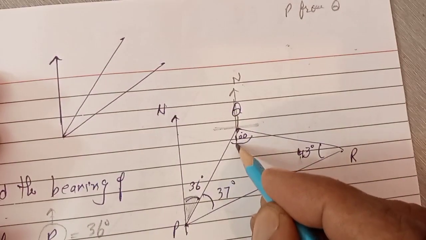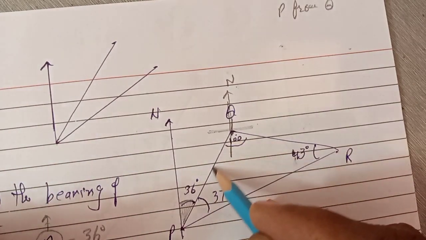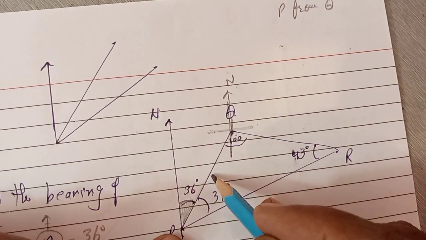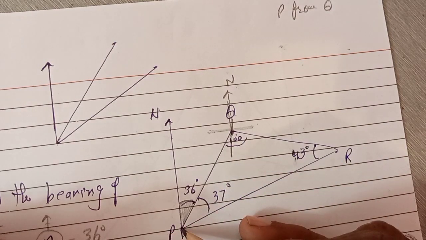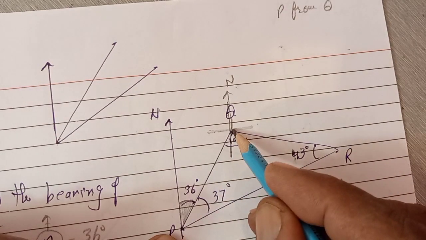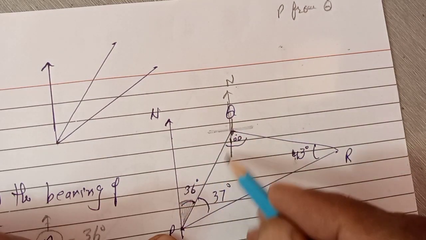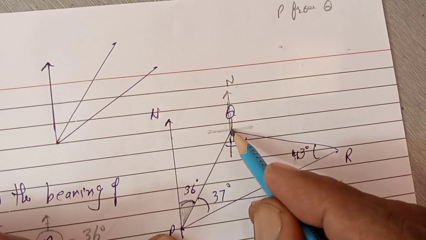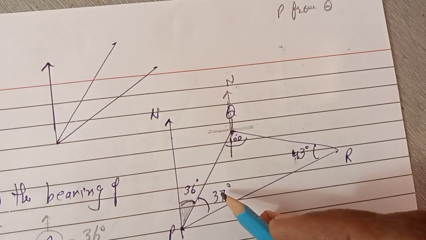Now look at this. This is the line which is called a transversal because this line meets two north poles. One is at P, the other is at Q. These two north poles at different places, this north pole is at Q, this north pole is at P, must be parallel.